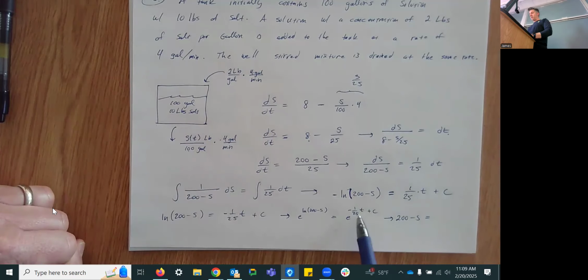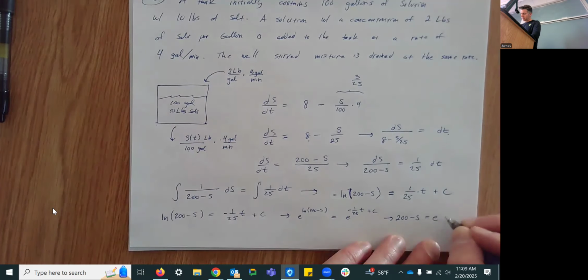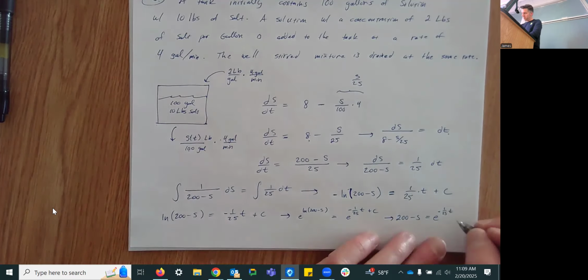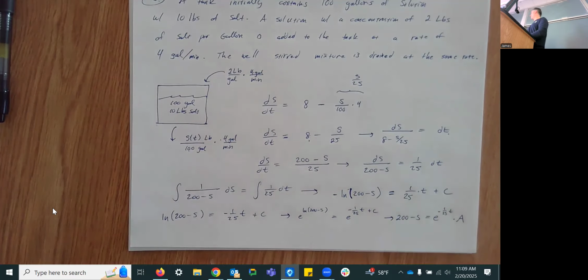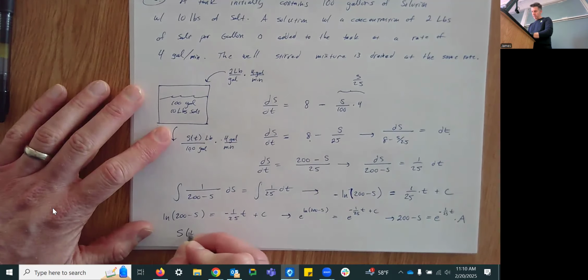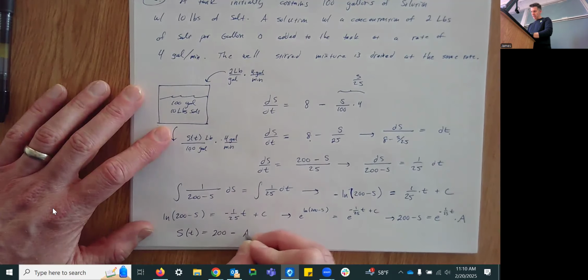It's going to be e to the -1/25t times e to the c, which I'm just going to call a. Which we usually write in front, but I didn't have enough room. And then we're going to solve for s. So we're going to get s equal to 200 minus a e to the -1/25t. So s of t equals 200 minus a e to the -1/25t.